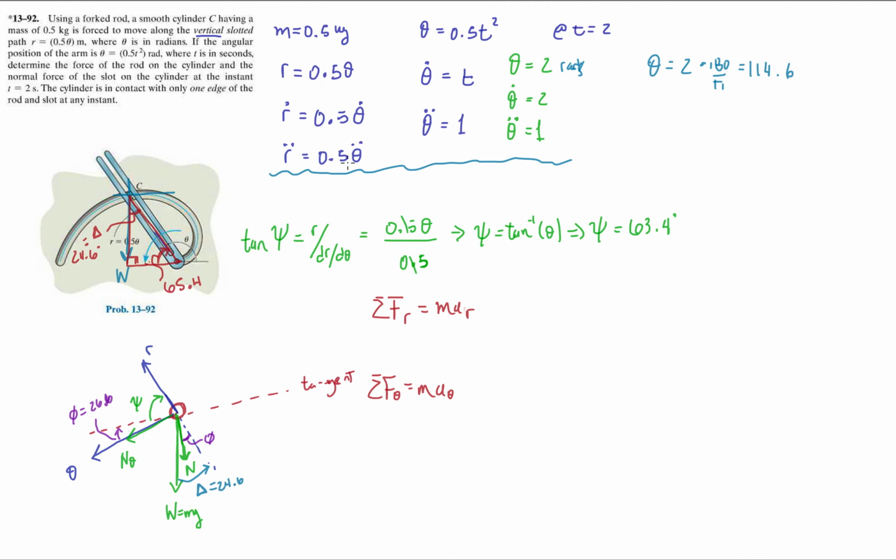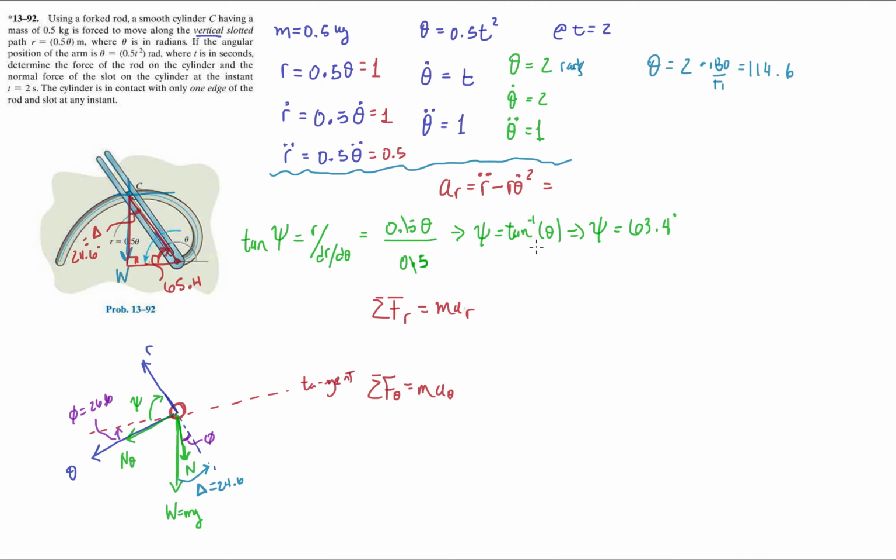Okay, I guess one thing I forgot to do is get the acceleration terms. So a_r, okay, is r double dot minus r theta dot squared. Okay, if we evaluate all these, we should end up getting 0.5 times theta, that's just 1. 0.5 times theta dot, that's just 1. And then this is 0.5.